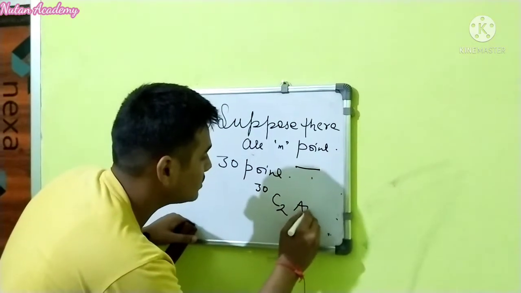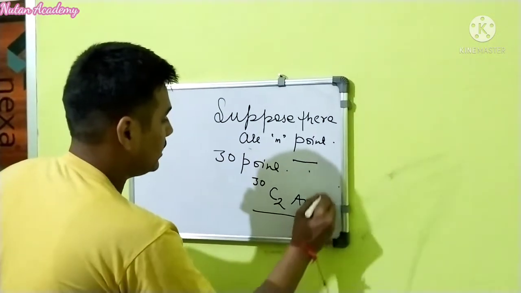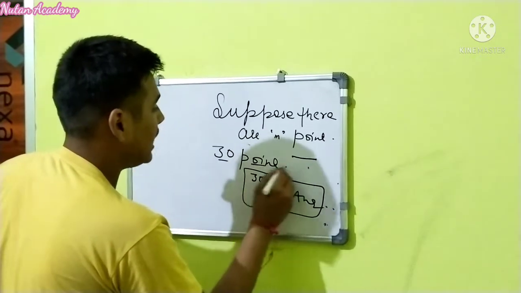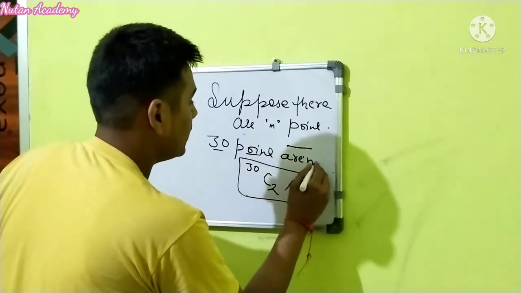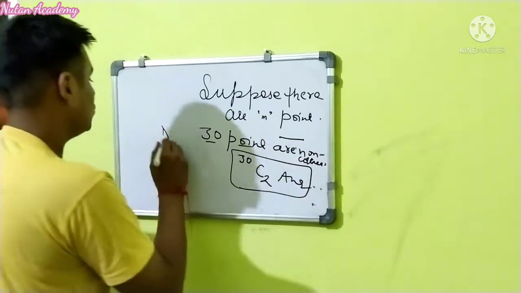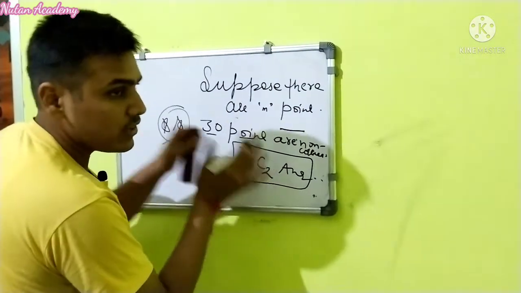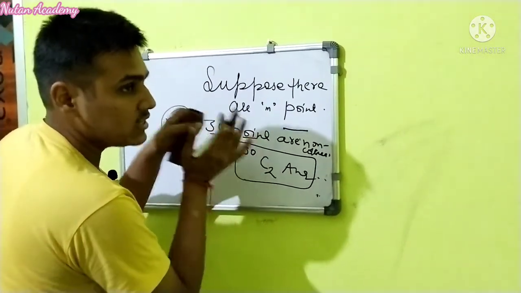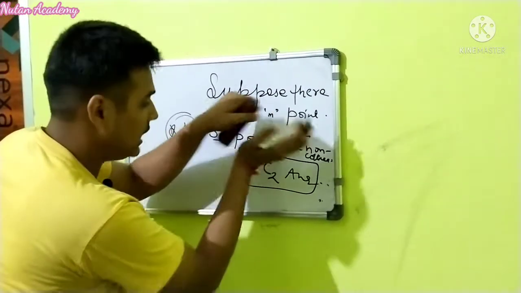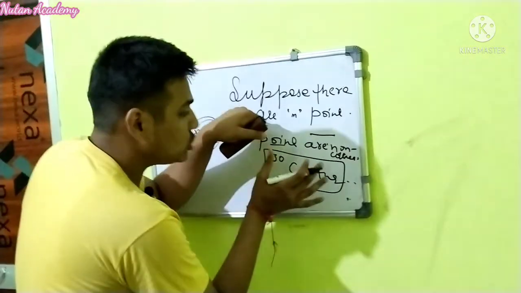This is your answer, the number of straight lines calculated, 30C2, if the 30 points are non-collinear. This is the most important concept, and from this concept several questions came in various defense exams like Air Force, Navy, NDA, and from this formula you can calculate very easily and in a very short period of time.